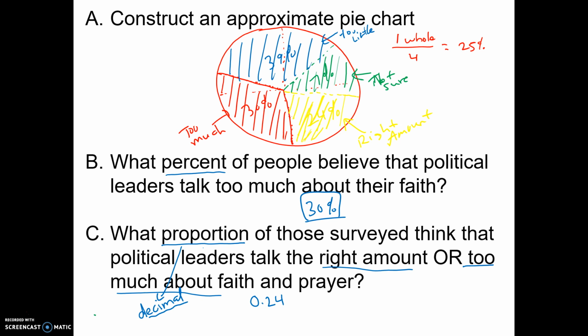Too much is right here, which is 30%. Convert that to a decimal, that'll be 0.30. If you add those up, 0.24 plus 0.30, this will give you 0.54. So the proportion of those surveyed that political leaders talk the right amount or too much is 0.54.